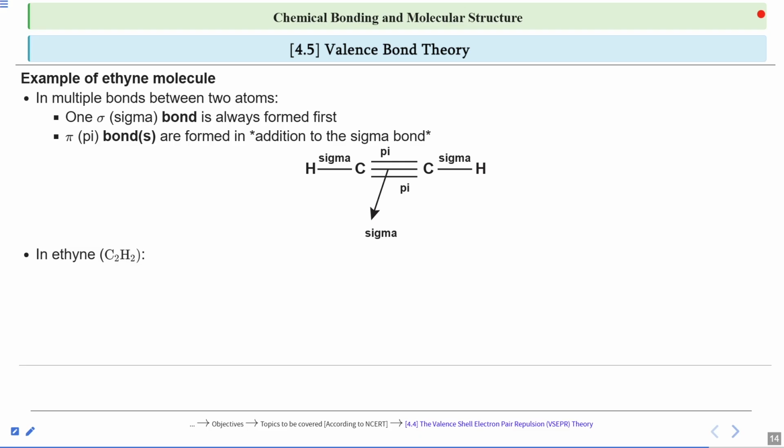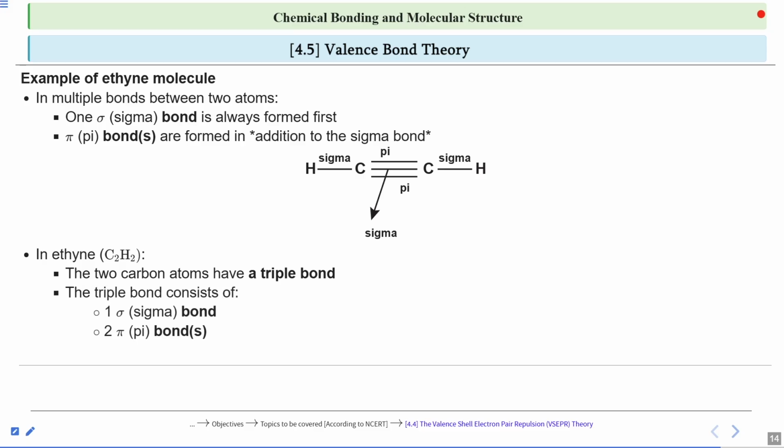Now in the ethyne molecule, if you look closely, you can clearly see that the 2 carbon atoms have a triple bond. You can see it here, the 3 bond lines with a carbon atom on each end. This triple bond contains 1 sigma and 2 pi bonds. Whenever we form a bond between two carbons, we first form the sigma bond, and then we form the pi bonds.